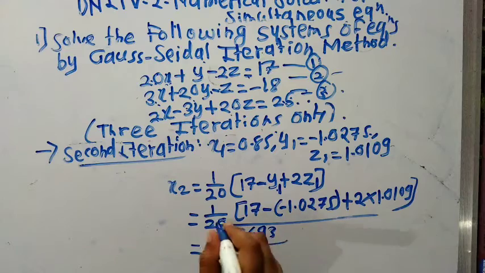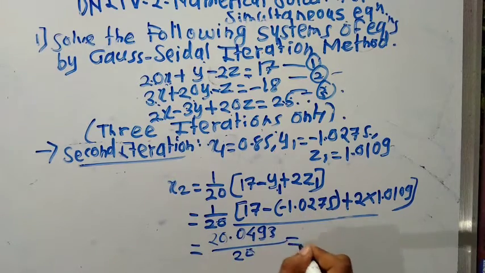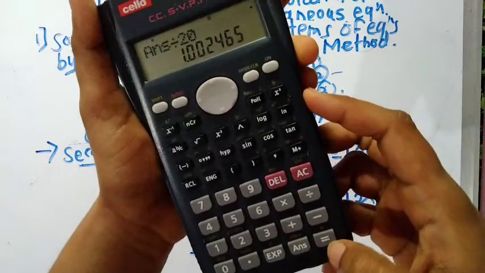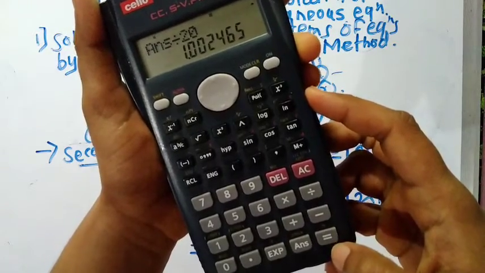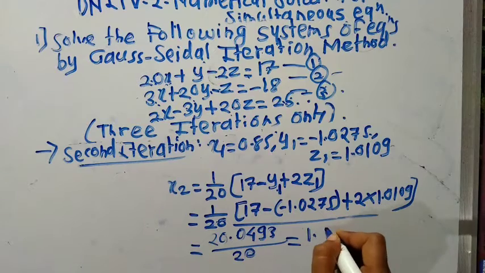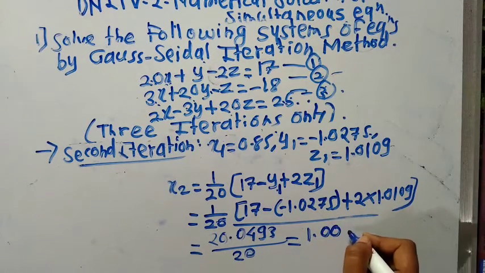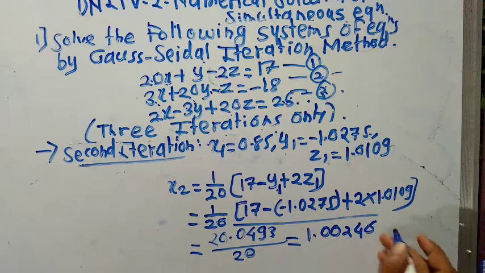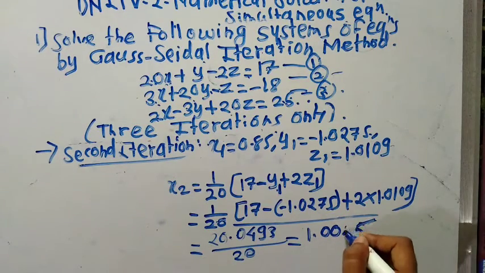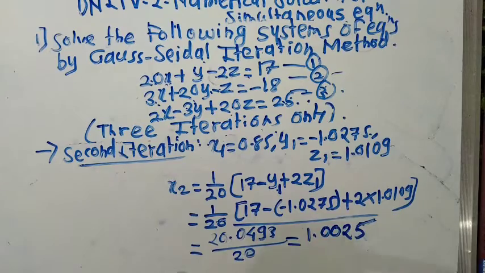20.0493 divided by 20, which is equal to 1.00246. 1.00246 means 25, next number 24625.